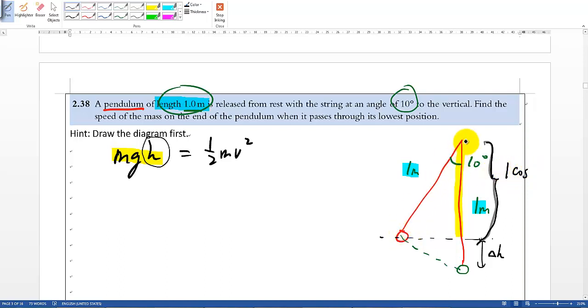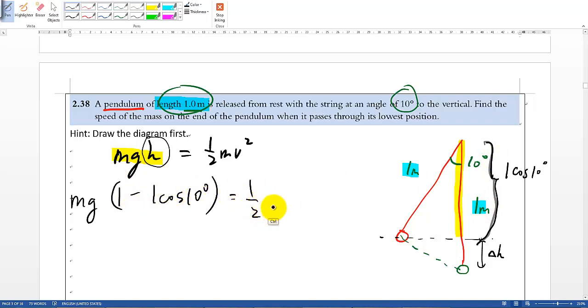So imagine this triangle, then it will be 1 cosine 10 degrees. That will be the length for this part, and for delta h, that would be simple, because that will be 1 minus this part, right? So 1 minus 1 cosine 10 degrees will be delta h, and so the rest will be easy.